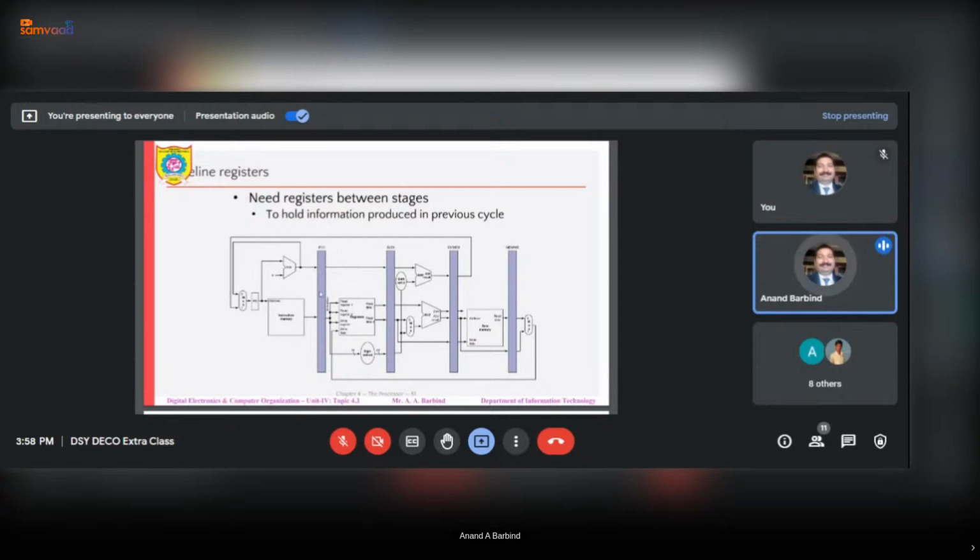As this architecture supports instruction pipelining, between the instruction fetch and register read or instruction decode, a register will be placed.